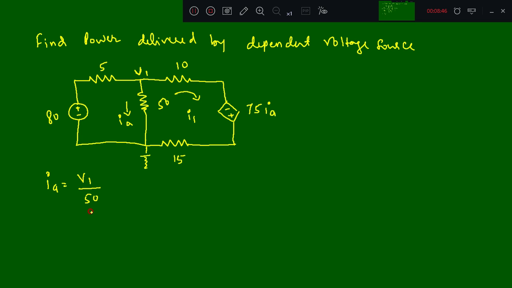Then we apply KCL at the node V1. (V1 minus 80) divided by 5 plus V1 divided by 50 plus (V1 plus 75 IA) divided by 25 is equal to 0, since it is in the same direction and minus of minus becomes plus.